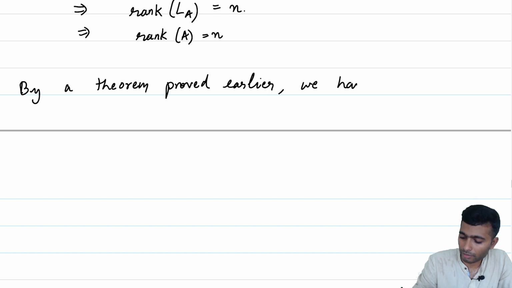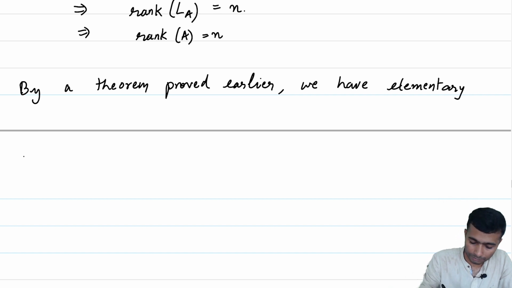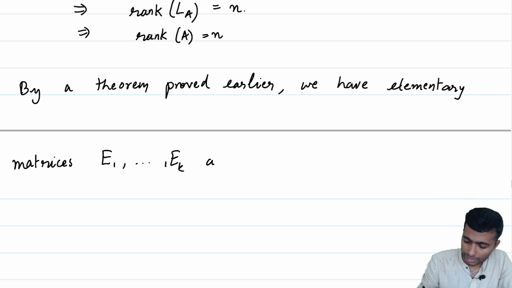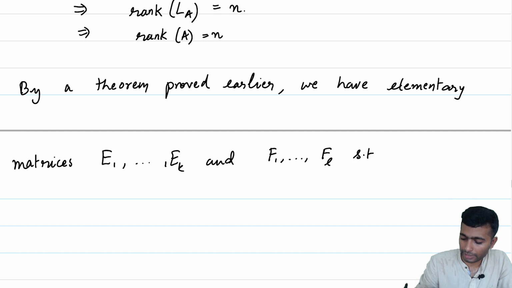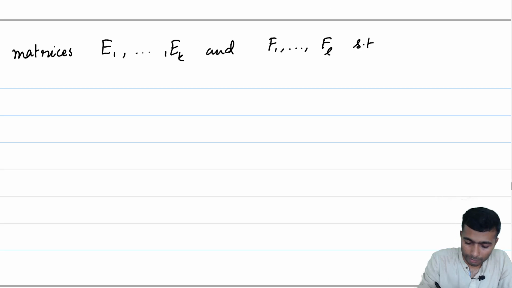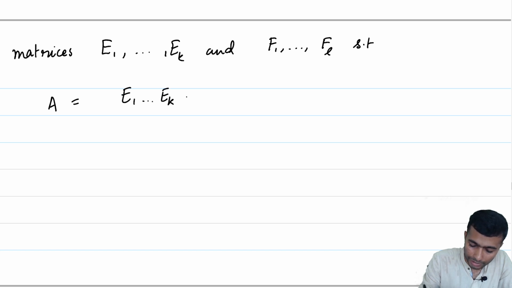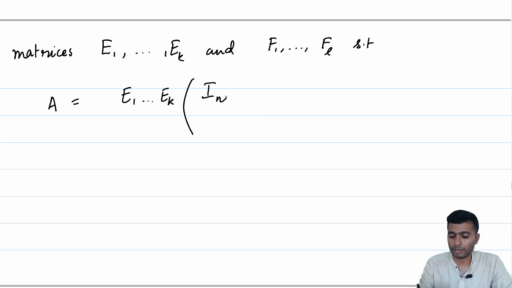We have elementary matrices, say E1, E2 up to Ek and F1, F2 up to say Fl, such that our matrix A is equal to the product of E1 to Ek times IR, in this case IN, and let me just draw your attention to what would be the remaining blocks.